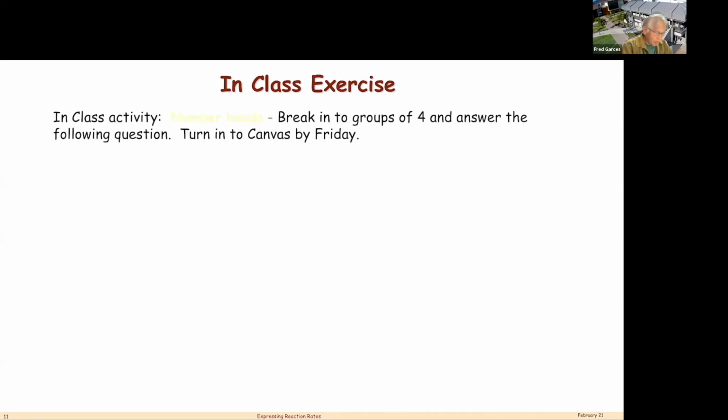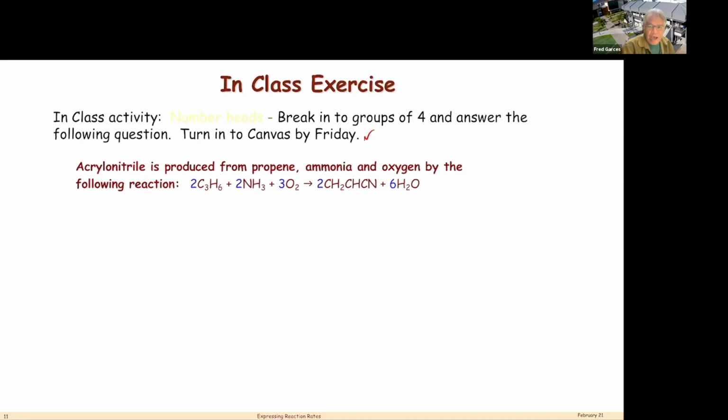So right now what we're doing is we're going to look at this. Remember, it's due in Canvas. If you go to Canvas and you look under activity, you'll be able to see that assignment, and the whole assignment is described. And this is the reaction.